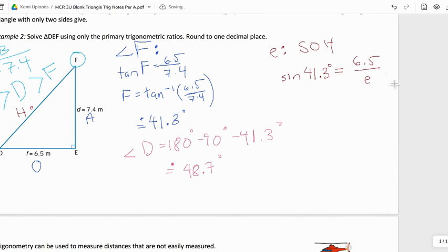Excellent. And then I remember Miss Sly told me that if the variable is in the denominator of a fraction, I can swap these, right? So the E takes the spot of sine, and sine swaps with E.